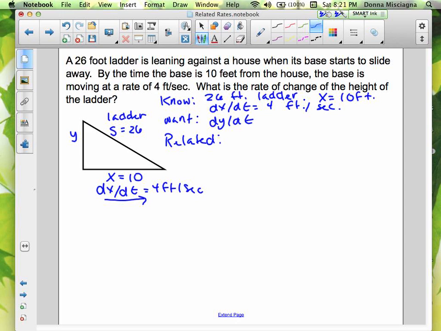How are they related? Well, the vertical distance, the wall, or the house I should say, the ladder, and the ground make a right triangle, and so they're related using the Pythagorean theorem.